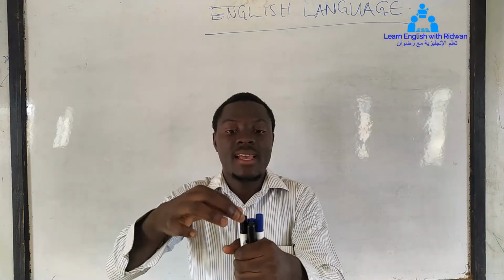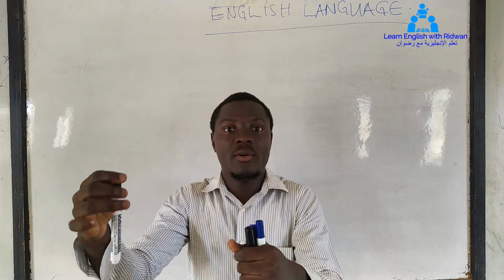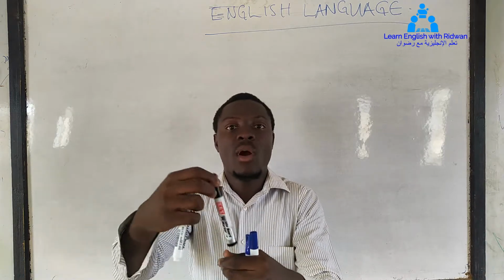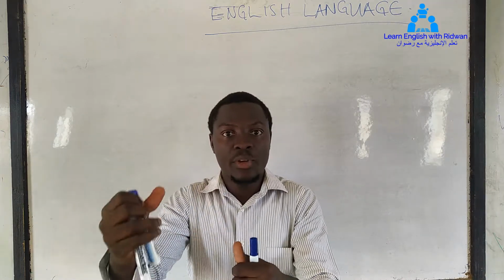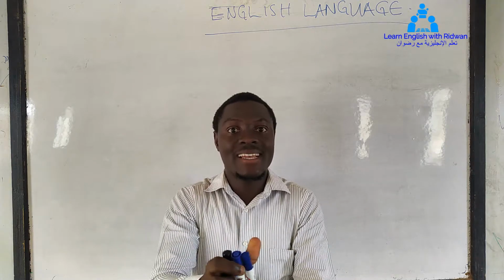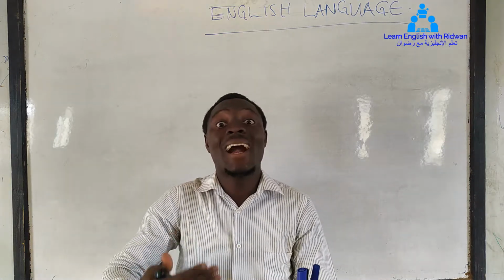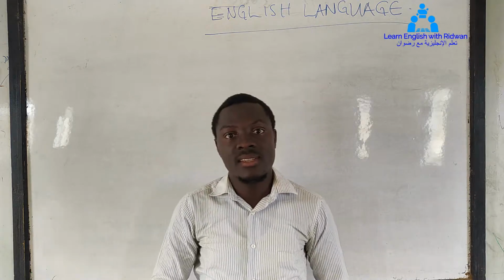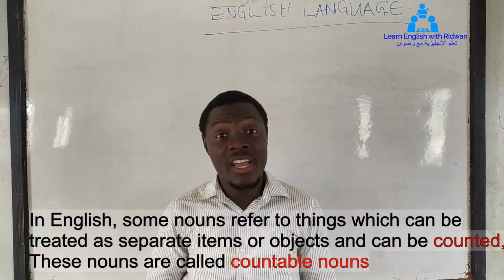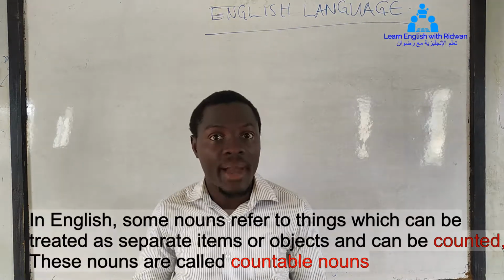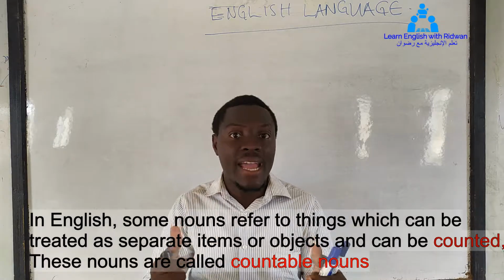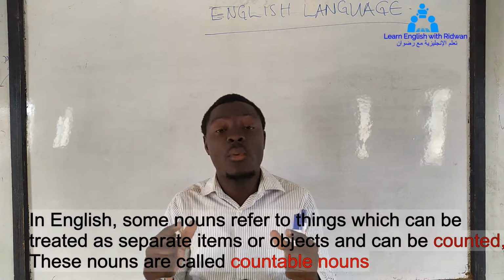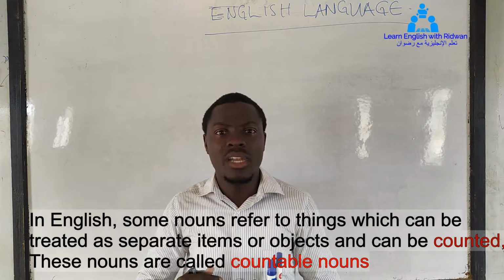But here is a case, I can separate one marker from the other. I can separate another one from the other, which means separation is possible here. And since I can separate them, which means what? I can count those things, isn't it? So some nouns refer to things which in English grammar are treated as separate items. These nouns are what we refer to as countable nouns.